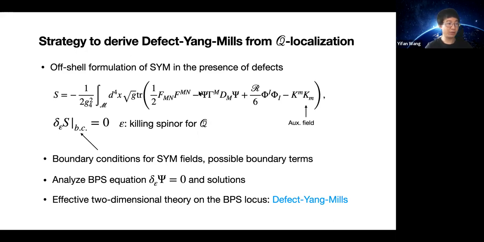But the introduction of defects gives rise to some complications. You have to make sure that the variation of this action S under this Killing spinor, or this supersymmetry transformation, is 0 around these defect insertions. So that puts some constraint on what kind of boundary conditions you should impose.